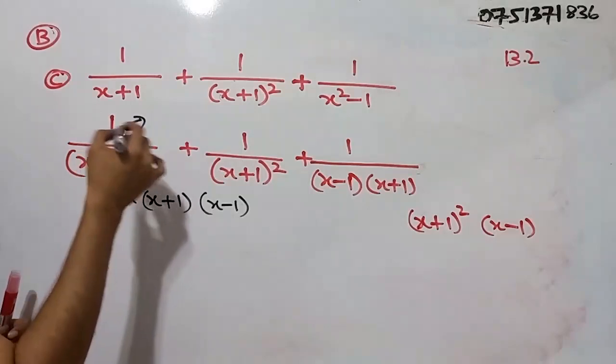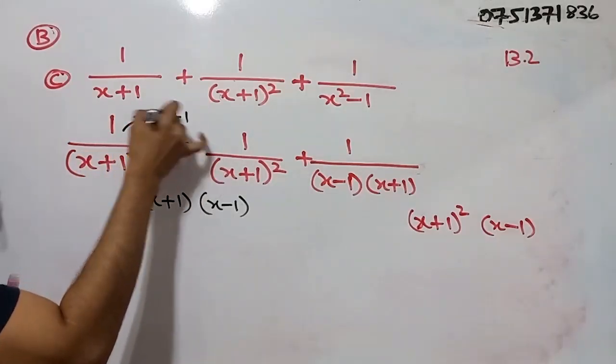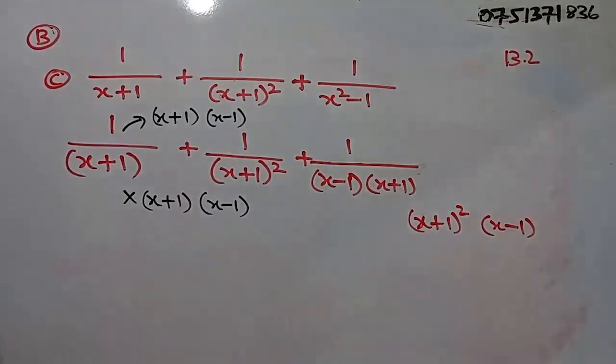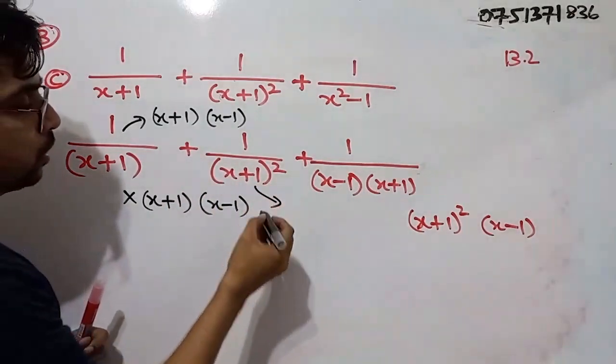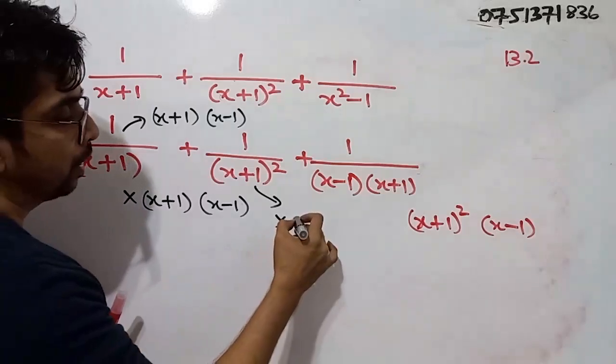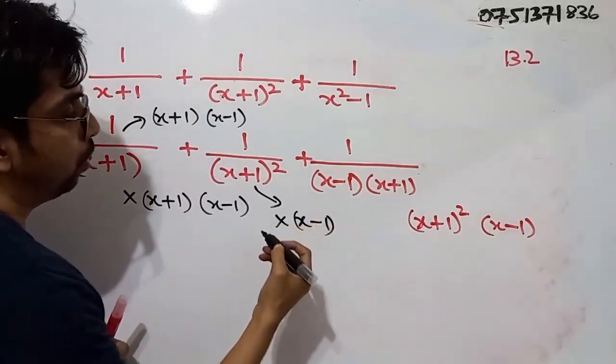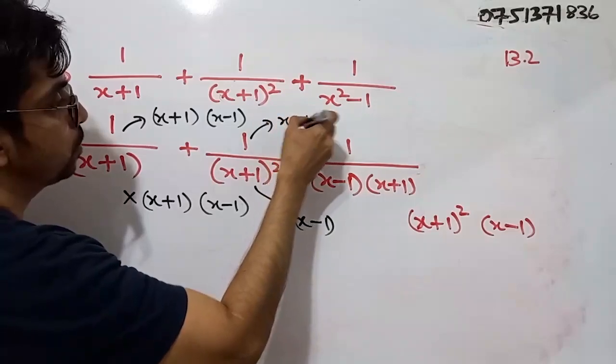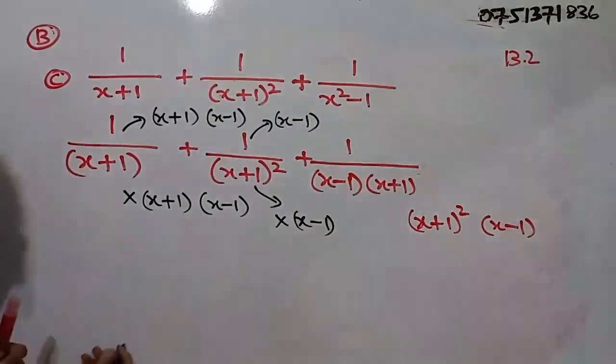That means the numerator must be multiplied by (x plus 1)(x minus 1) as well. Here this term needs to be multiplied by x minus 1 only, so this one must be multiplied with x minus 1 only.